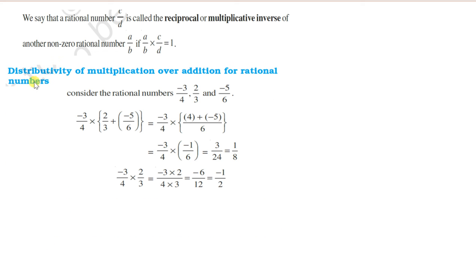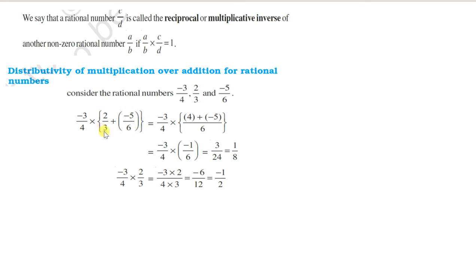And the last one is distributivity of multiplication over addition for rational numbers. If you have three rational numbers, minus 3 by 4, 2 by 3 and minus 5 by 6, let us do this simplification.